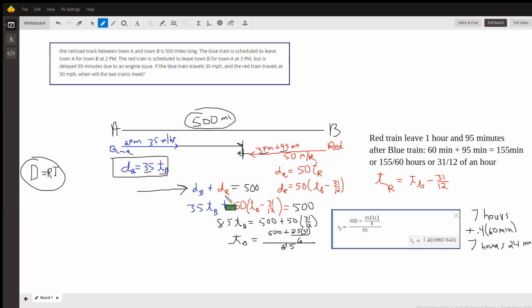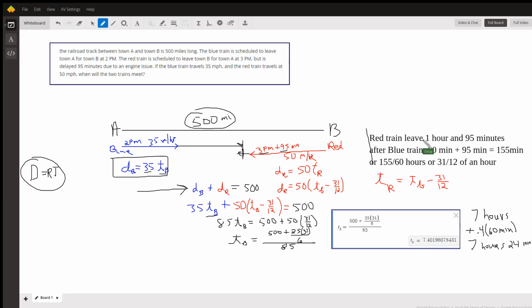We'd like to convert that so that there's only one variable. And probably the easiest thing to do is to end up with the time of the blue train. We already have an expression for the distance of the blue train in terms of time of the blue train, 35 T sub B. Now here's the key.